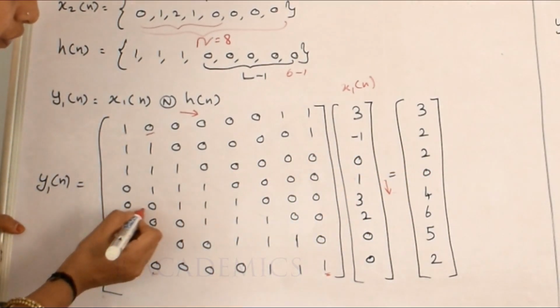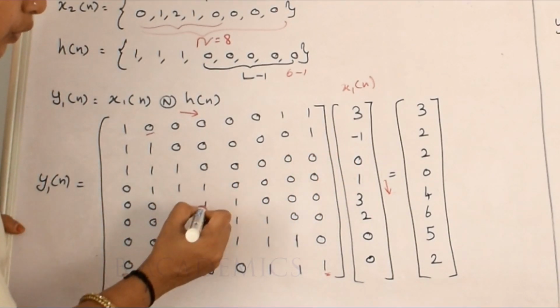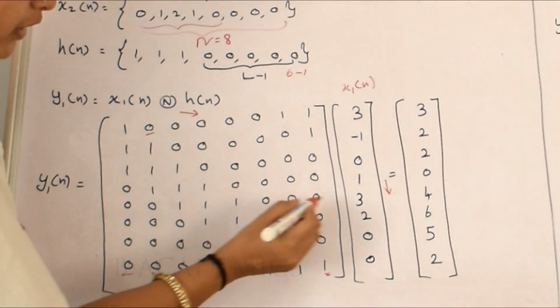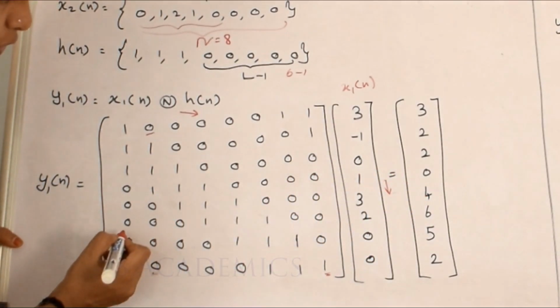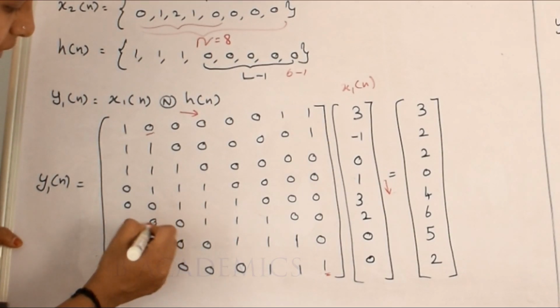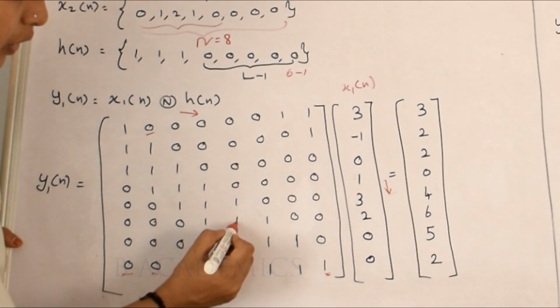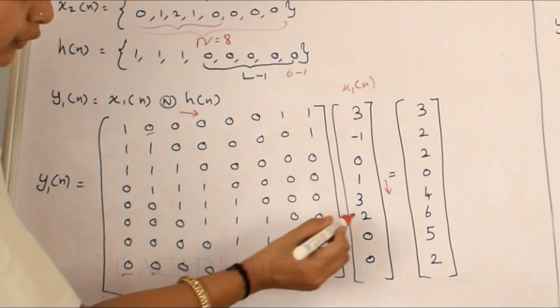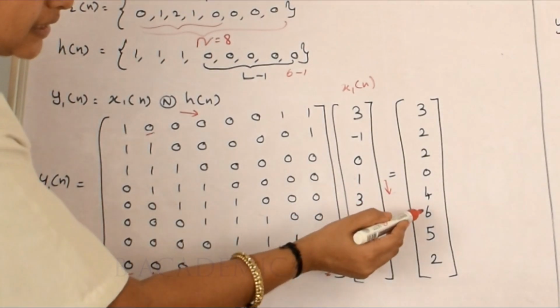In the fifth row, first two elements are 0. And next 1 into 0, 0. 1 into 1, 1. 1 into 3, 3. So 1 plus 3 gives you 4. In the next row, first 3 elements are 0. In the next one, 1 into 1, 1. 1 into 3, 3. 1 into 2, 2. So 1 plus 3 plus 2, I am getting 6.